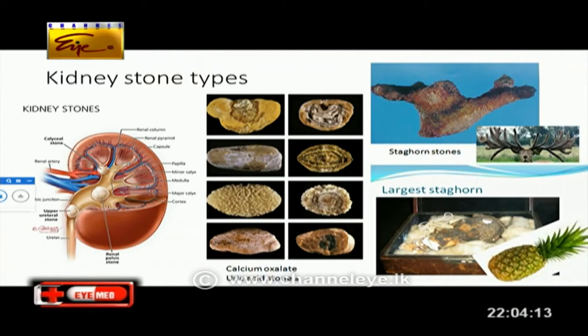But occasionally you get these huge stones, you will see in this slide, which are called stag horns, or looks like horns of a stag. They are huge stones which occupy most of the kidney. So you can get a range of stones forming in your kidney, and then giving all these problems we are going to discuss soon. So those are the types of calculi as well.